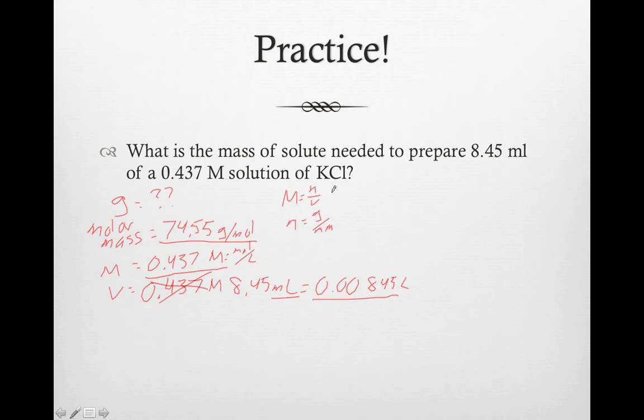So I can substitute that in to get M equals grams, or mass, over volume times molar mass, and solve this all for grams. I'm going to multiply these all across. My end equation is mass equals molarity, or big M, times volume, because we took that across from the bottom, times the molar mass of your substance.